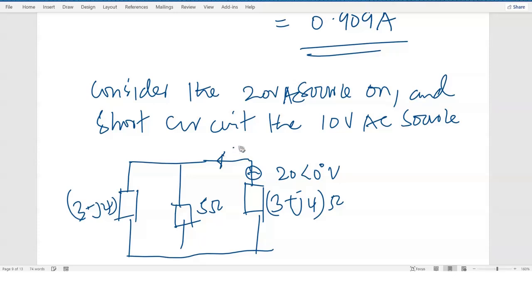So let us consider the currents going through here to be I1 double prime and I2 double prime.